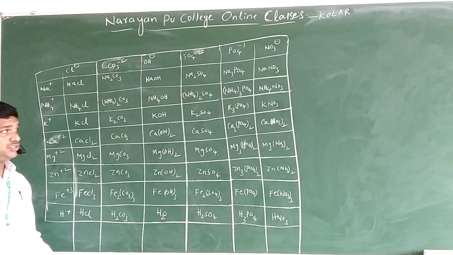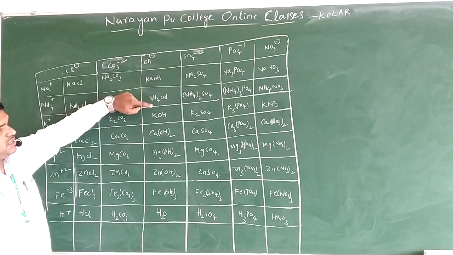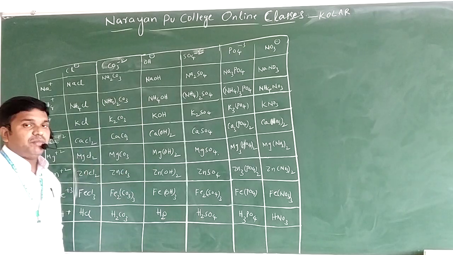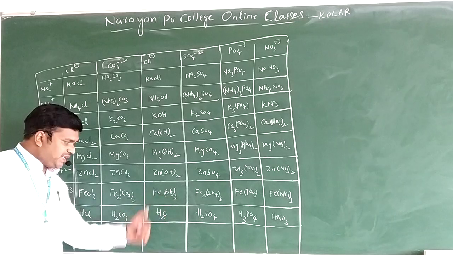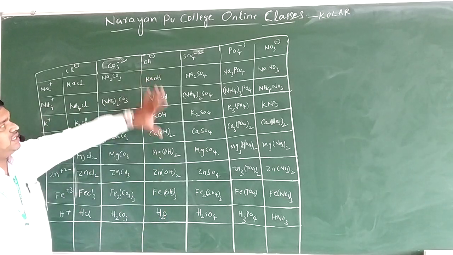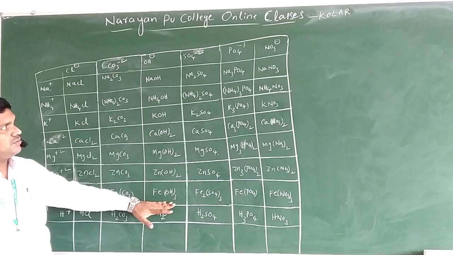Sodium hydroxide, ammonium hydroxide, potassium hydroxide, calcium hydroxide, magnesium hydroxide, zinc hydroxide, ferric hydroxide, and water. So in these you can see OH minus is there. All these up to here we are calling bases.